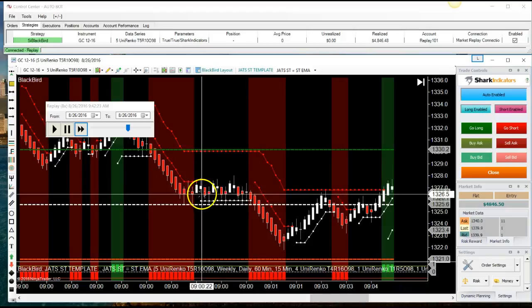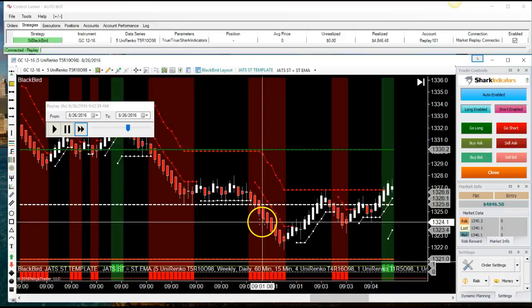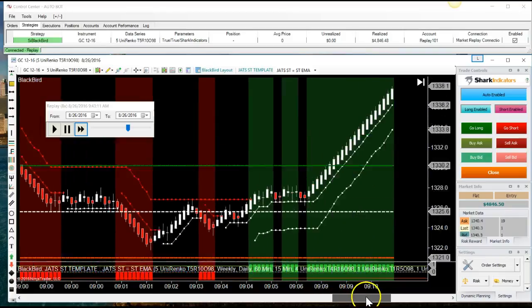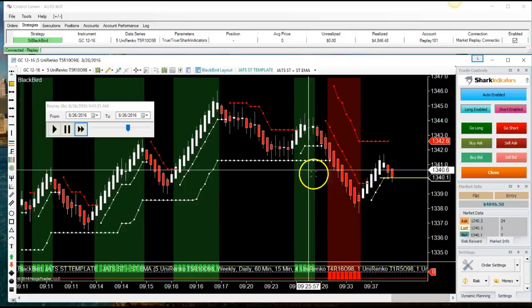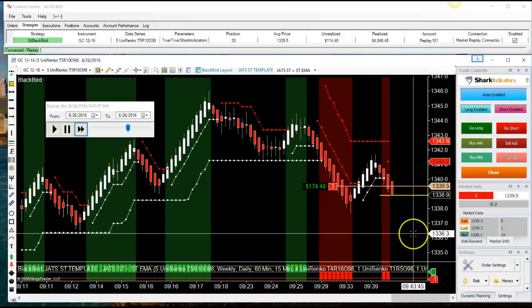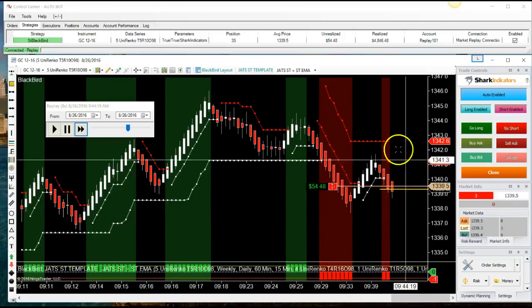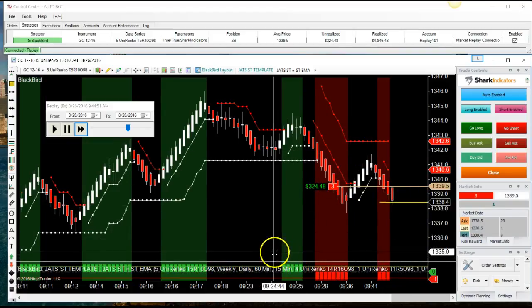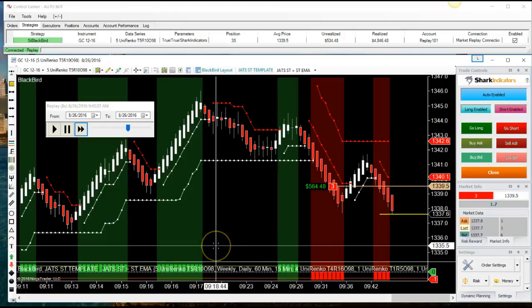And you see it stays out of the middle. That's what I like about this strategy, is it trades with trend volatility. And then I can set it to trade the volatility with trend. So, but it's very stable.